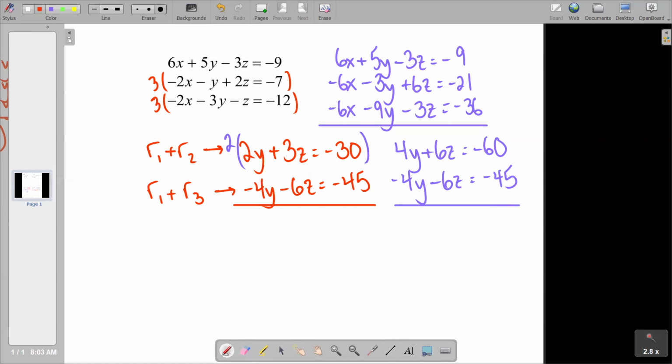When we add downwards here, the y's eliminate and the z's also happen to eliminate, and we fill a 0 there to give it substance. And 0 equals negative 105 is, of course, a lie. That is not a true statement. And since 0 can't equal negative 105, what do we say? There is no solution. Good. So that's the conclusion of the notes from Thursday.